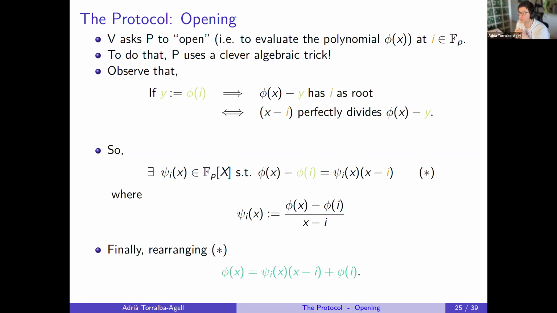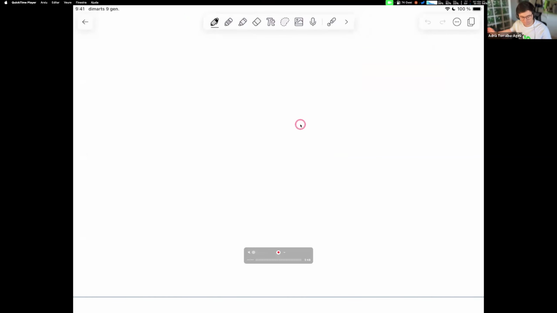I don't know if it is clear, but for instance, can you see that?